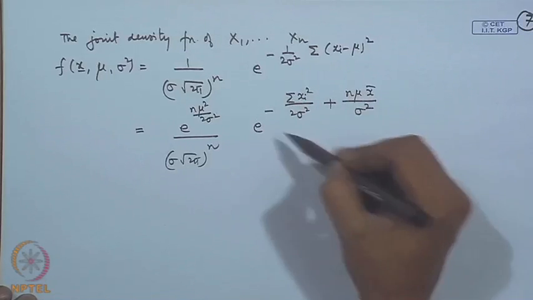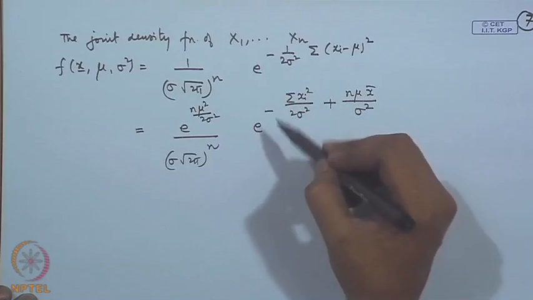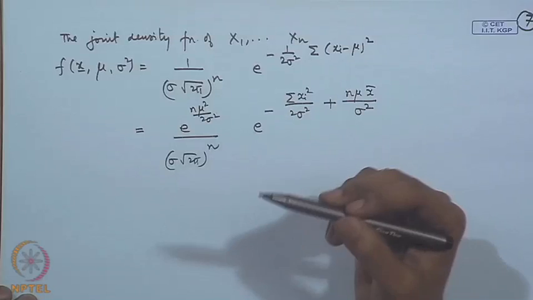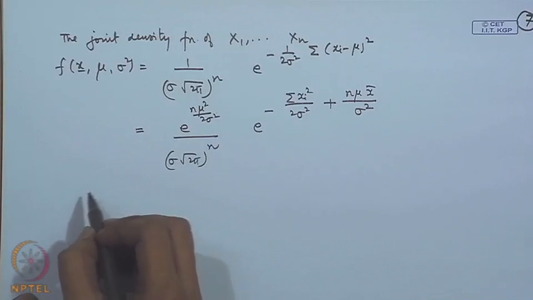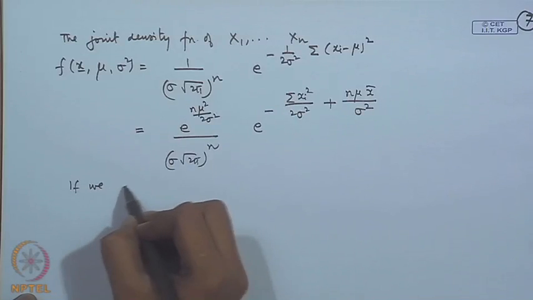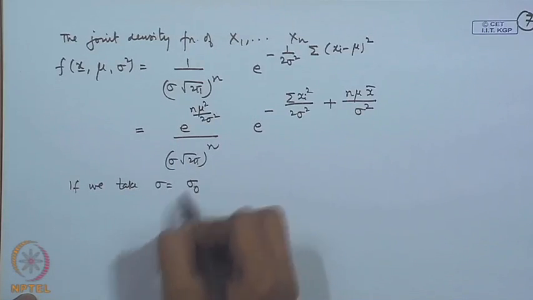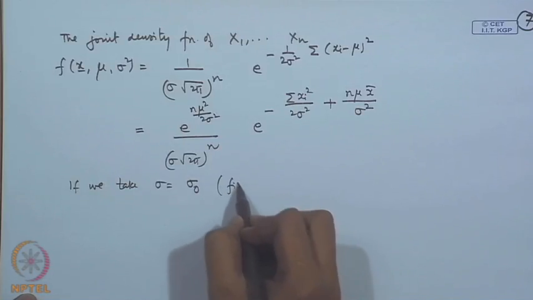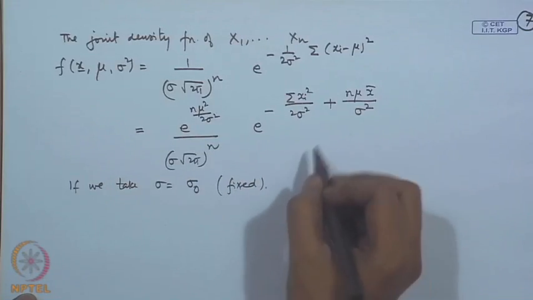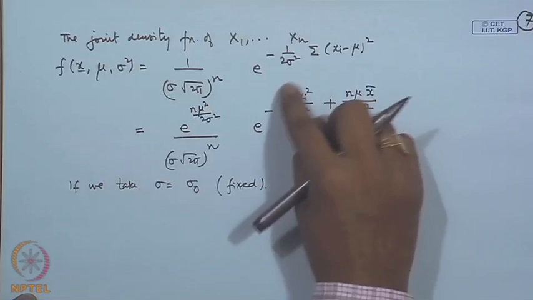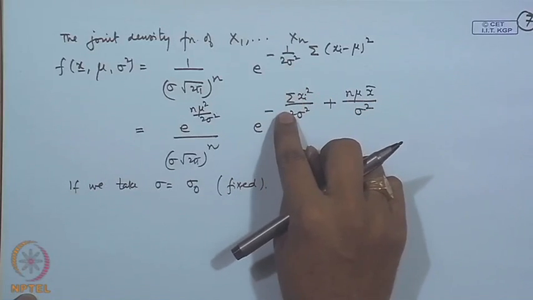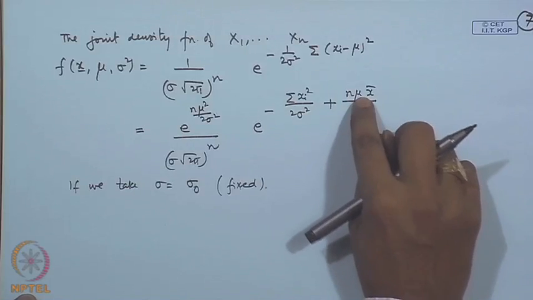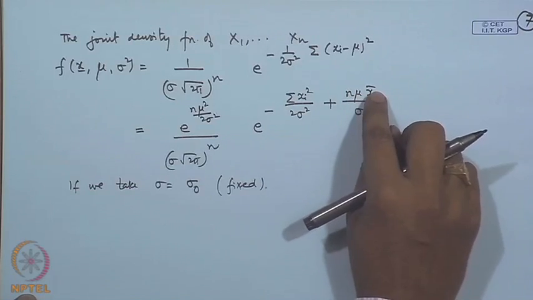Note here, this is a 2 parameter exponential family. I am looking at the application of Basu's theorem. So, firstly we will look at the independence part here. If we take, say, sigma equal to some fixed value sigma naught, then this term is going into the h x part of a multi-parameter exponential family. This will become fixed. So, here you have mu x bar or n mu x bar.